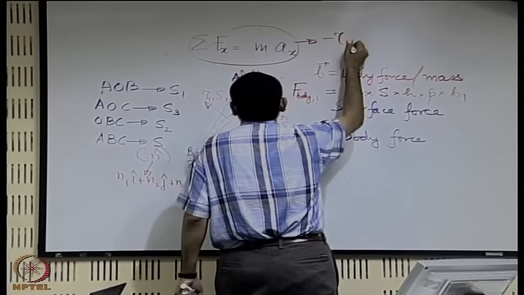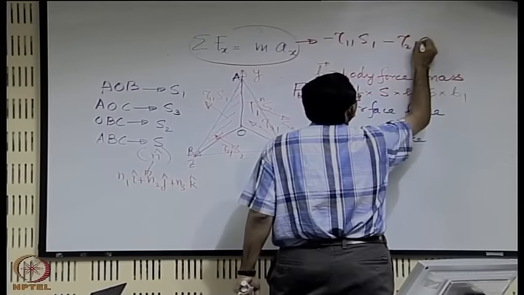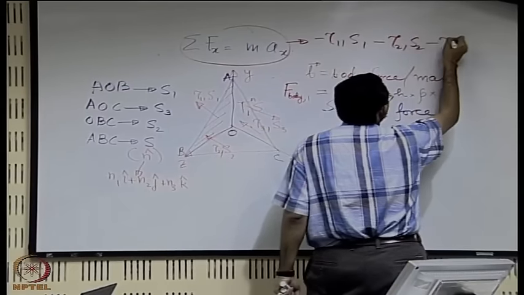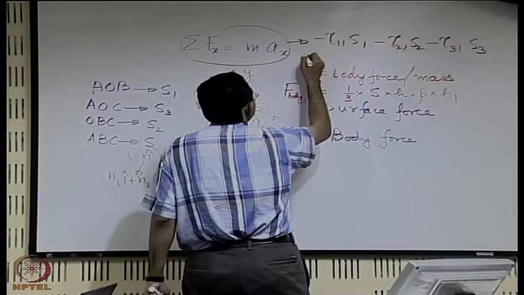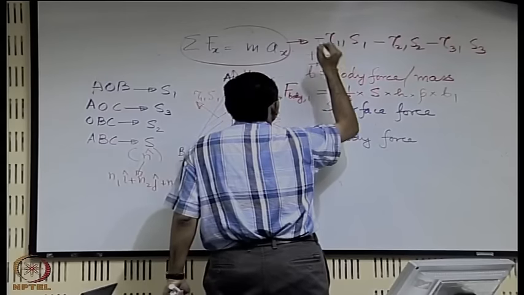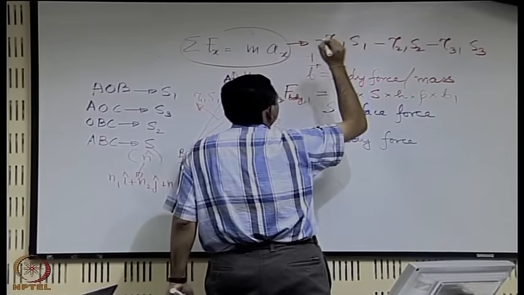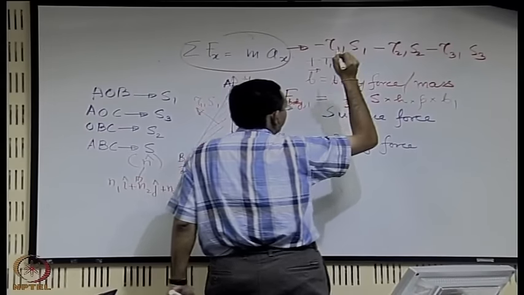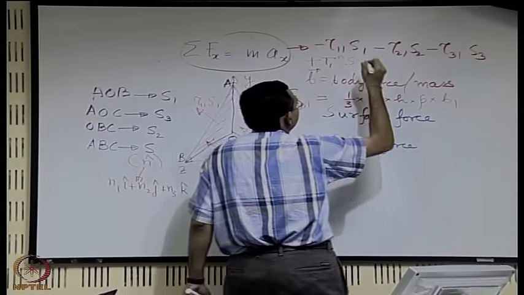So minus tau 11 S1 minus tau 21 S2 minus tau 31 S3 plus T1 with superscript n into S, that is the total surface force, plus the total body force.